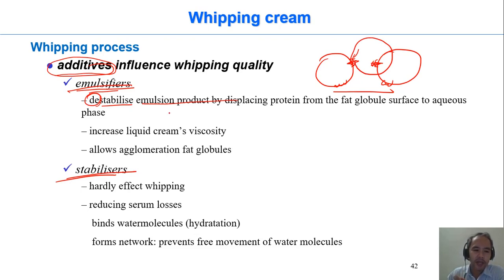So again, emulsifiers in making whipping cream are not to stabilize the emulsion, but to destabilize partially a part only. And the main role of the stabilizer is to increase the viscosity of the serum, to hold water in the serum, so to hold the serum inside the network, so it will not release out.